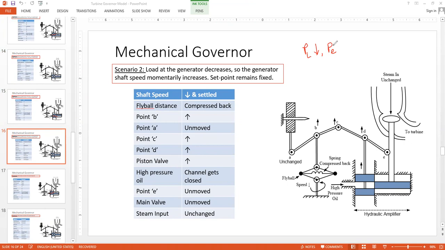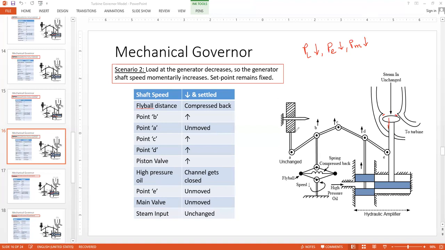PE is coming due to PM, so we have to reduce PM, and accordingly this channel was getting smaller. So a smaller amount of steam was flowing to the turbine blades, and less mechanical input was available. So this was scenario 2.